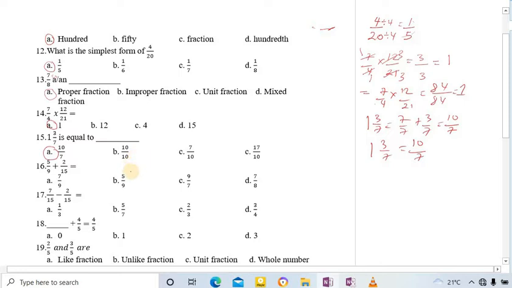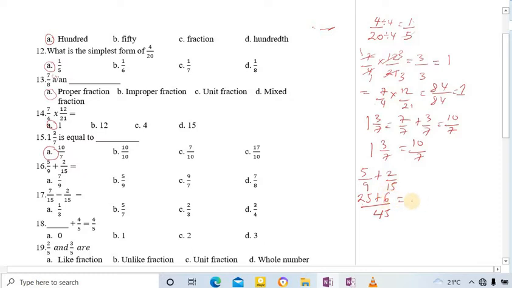Alright, 5 over 9 plus 2 over 15. Now what's the LCM of 9 and 15? It is 45. 9 into 45, 5 times 5 is 25. 15 into 45, 3 times 2 is 6.